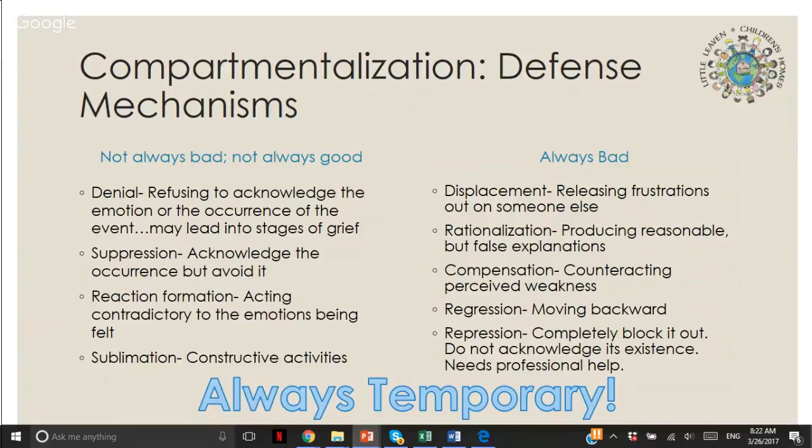A situation where we see it more as adults is when you have a plan to go out to the movies with somebody, and they say, oh, I can't go. And then you say, oh, well, I didn't really want to go to the movies anyways. That's reaction formation. You did want to go, but you act like you didn't.